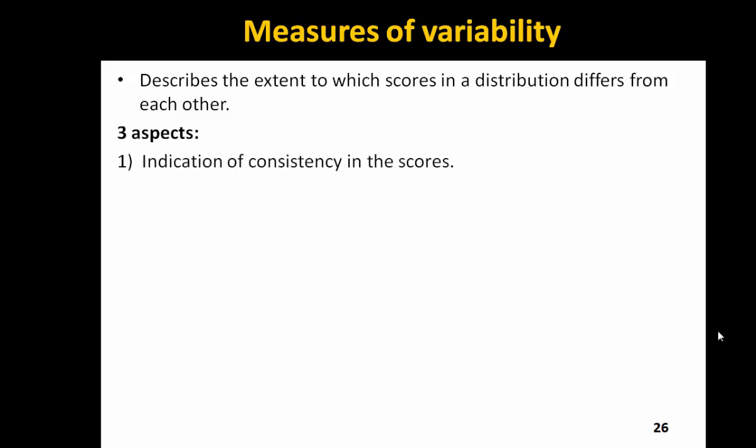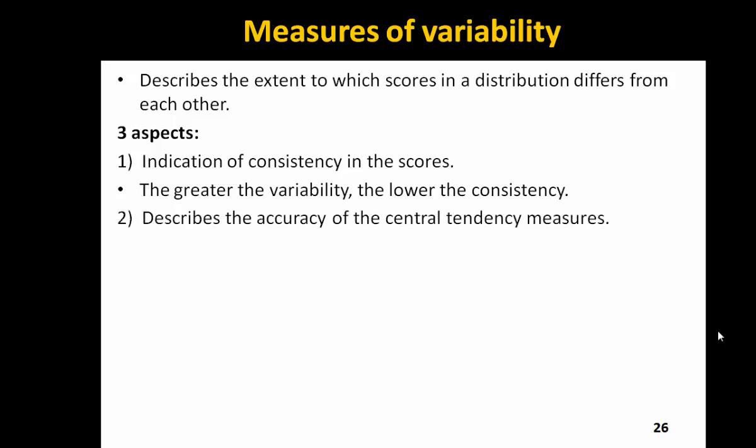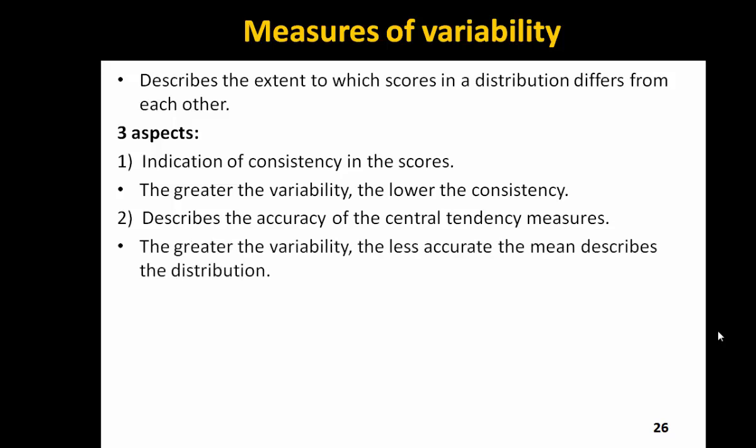There are three important elements to variability. The first is that variability provides an indication of how consistent scores are in a distribution. Generally, the greater the variability of those scores, the lower the consistency. The second is that variability describes the accuracy of the central tendency measures.